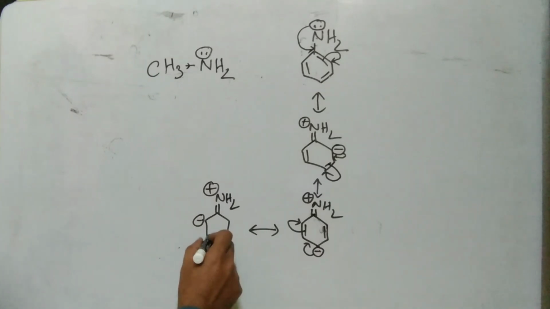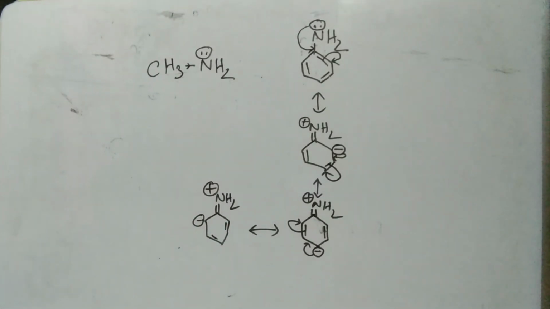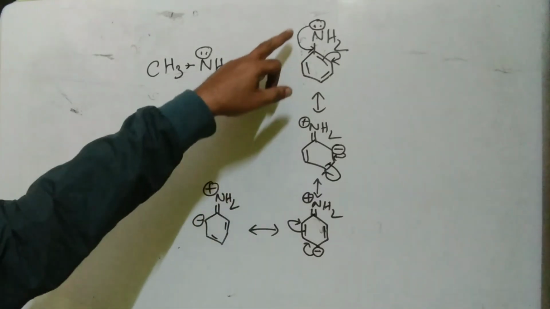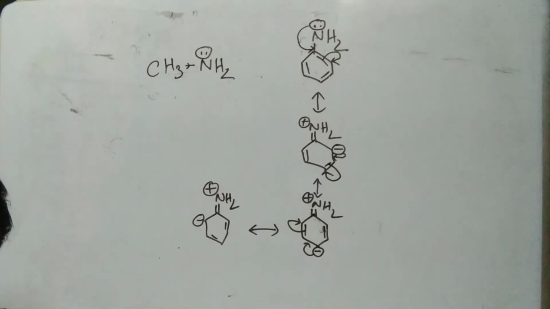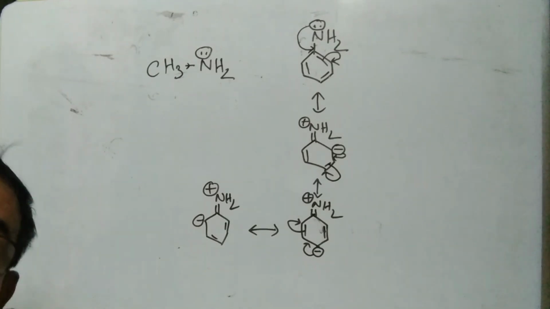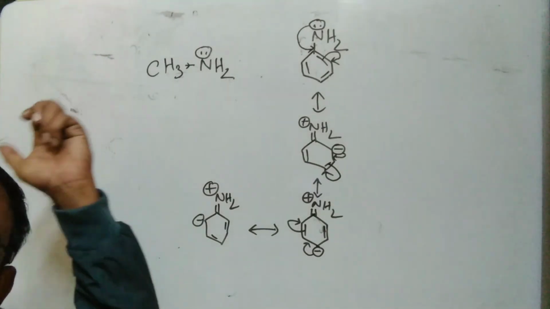So these are the resonating structures of aniline, and you can see that the lone pair is no longer available on this nitrogen atom, as it is getting delocalized into the benzene ring through resonance. That's why lone pair availability is decreased, and so its donating ability also.